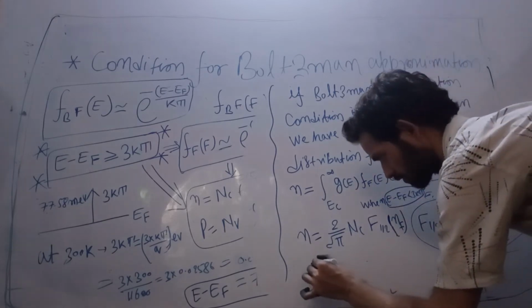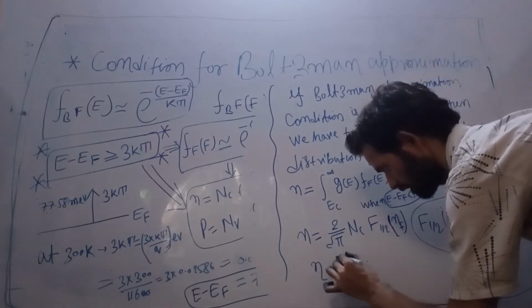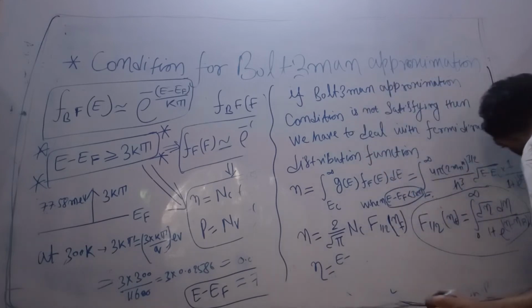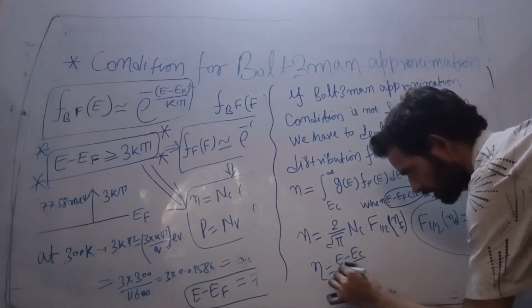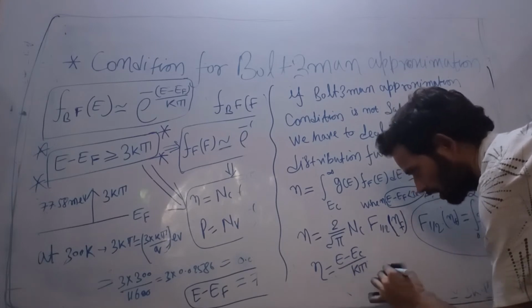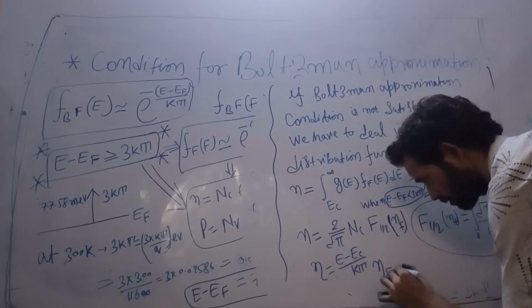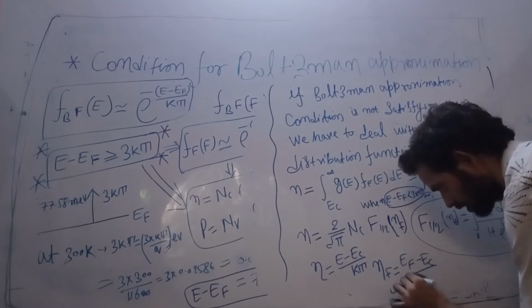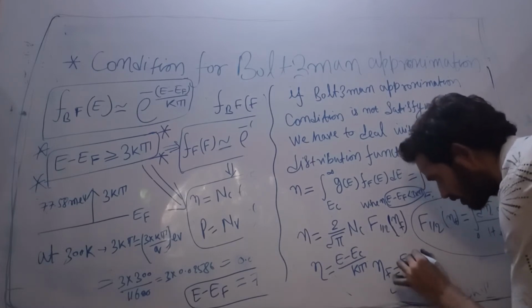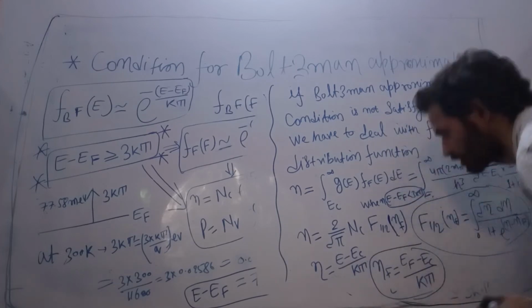Where eta is E minus EC by kT, and eta F is EF minus EC by kT.